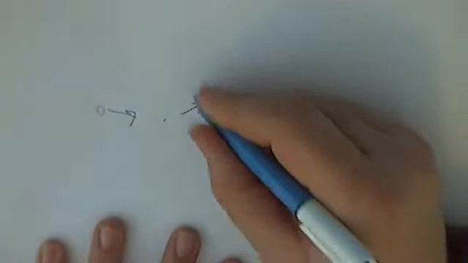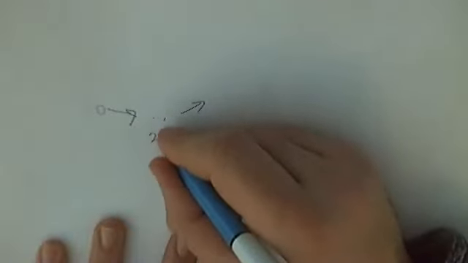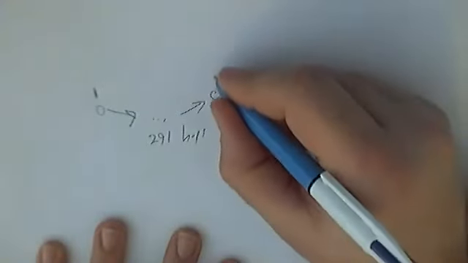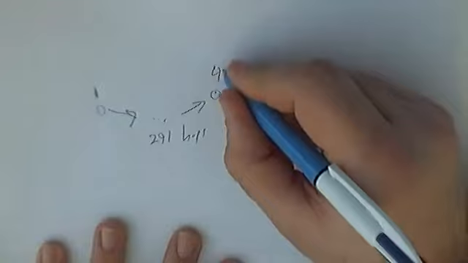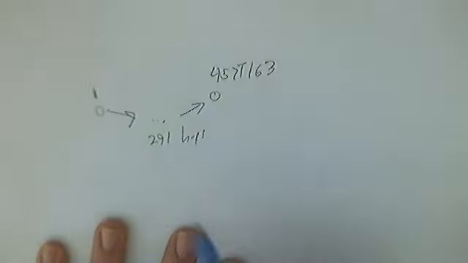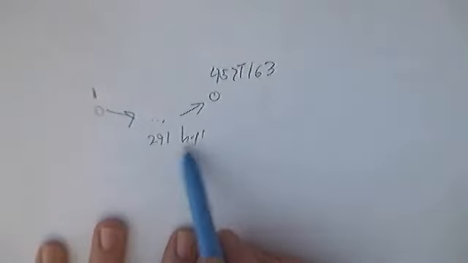All right, so we're going to have some graph here that has a total of 291 hops. And then 1 in 299 hops can reach node 45776163. All right, so this one in 299 hops can reach that one.